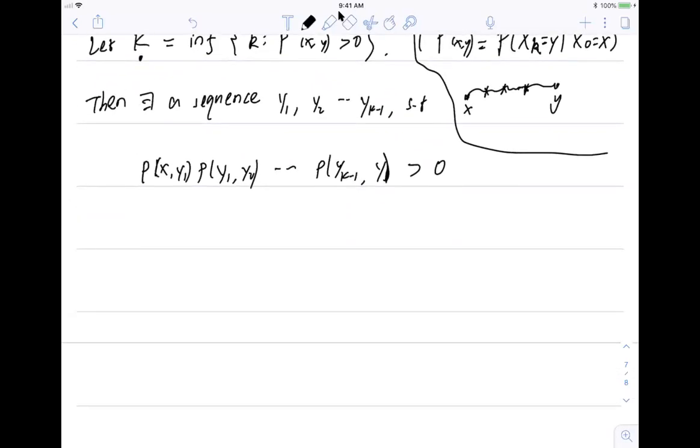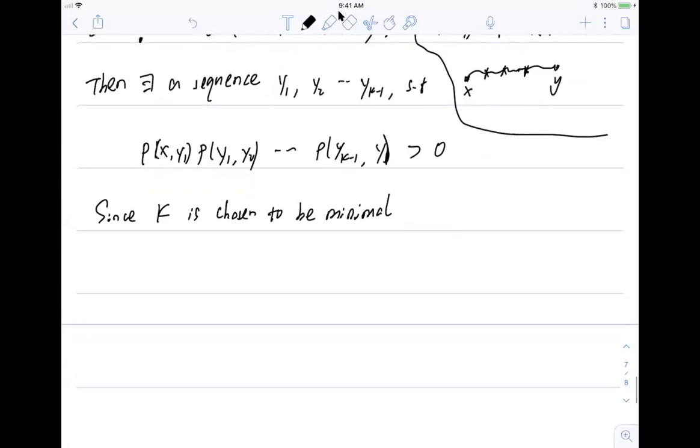Since k is chosen to be the minimum, all those yi, for i equals 1, 2, up to k minus 1, are not x.